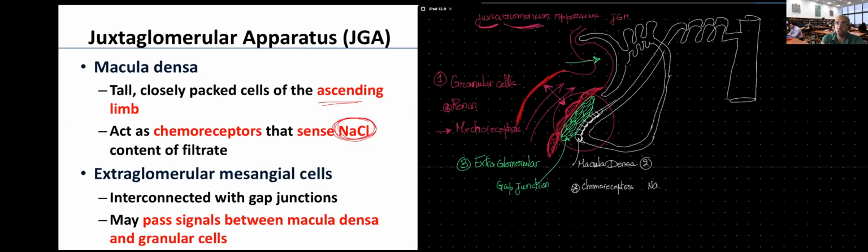So they are extraglomerular mesangial cells. Again, extraglomerular mesangial cells are interconnected with gap junctions and will allow the passage of signals between the macula densa and the granular cells. Questions?